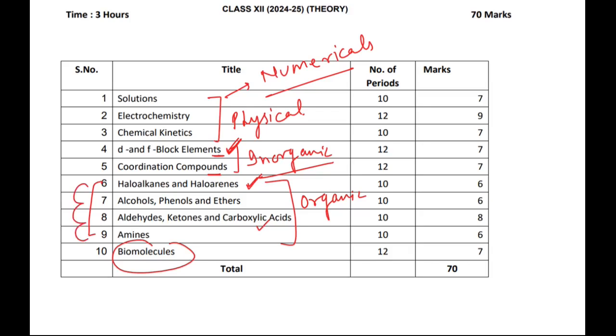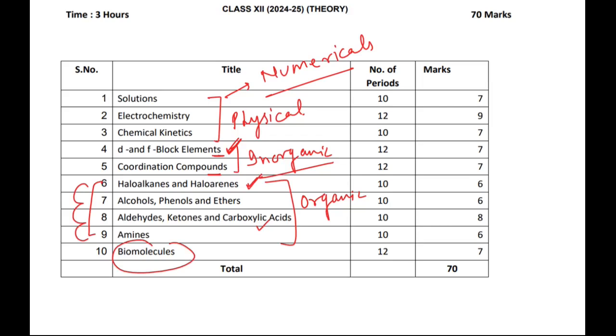Whatever reactions you study in haloalkanes, there are certain reactions which will be used in the alcohol chapter. Same is the case with aldehydes. So you have to have the knowledge of all the reactions of all four chapters, and that is also possible when you start your organic preparation well in time.